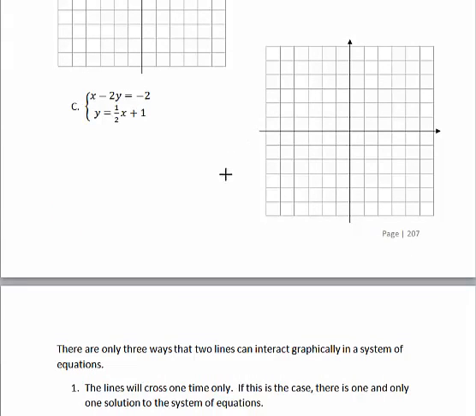Our last one on this page, we have one equation. It's already in slope-intercept form. We have the y-intercept 1 and the slope 1/2. So for this one, I'll sketch it in red. And so we have y equal 1.